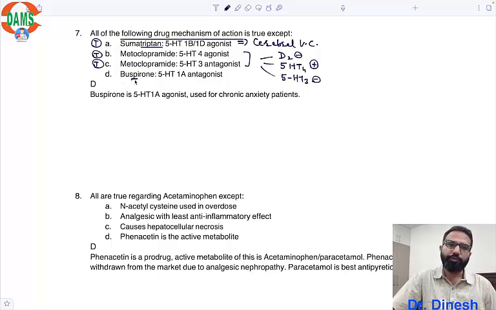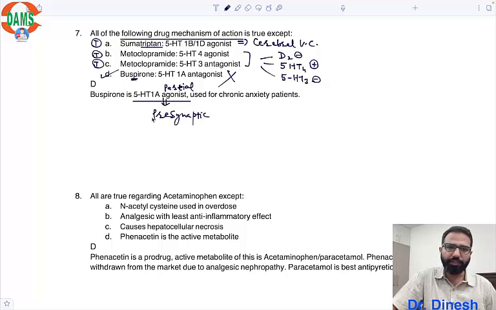Buspirone is a 5-HT1A antagonist. No, that is not correct. Buspirone is a 5-HT1A partial agonist, acting on the presynaptic receptor. Because it is a presynaptic receptor, it acts like a brake.